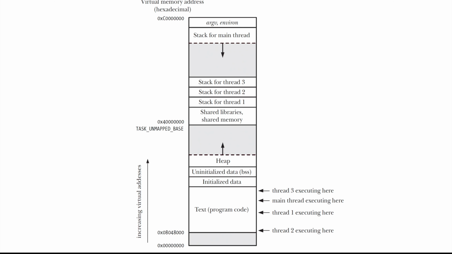This is the virtual memory address space of a process which is running four threads. The main program can be thought of as a main thread, and the main thread can be calling thread creation APIs to be able to create thread 1, thread 2, and thread 3. Each of them has their own separate stack sections. The stack for the main thread can also be seen.